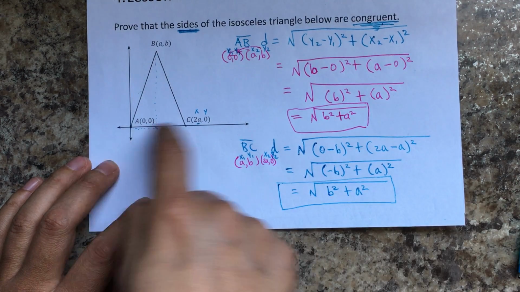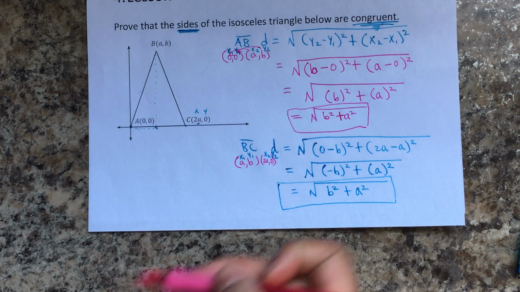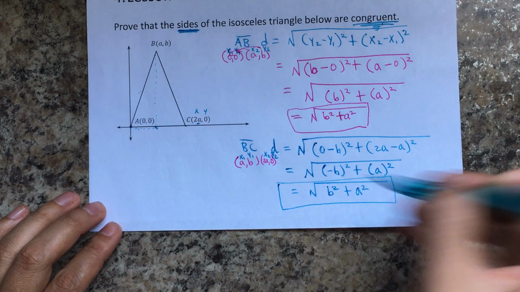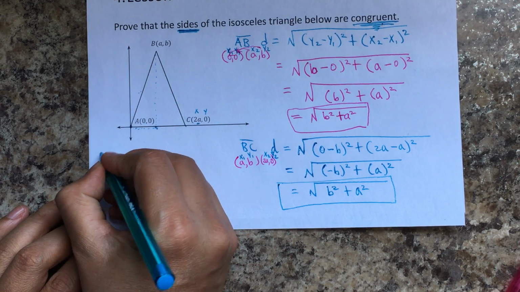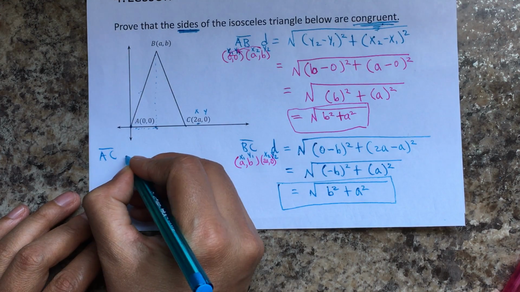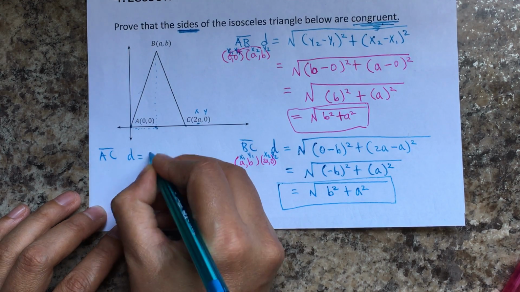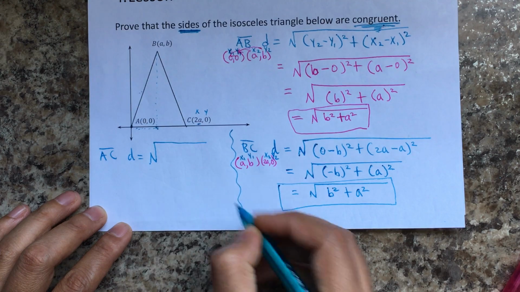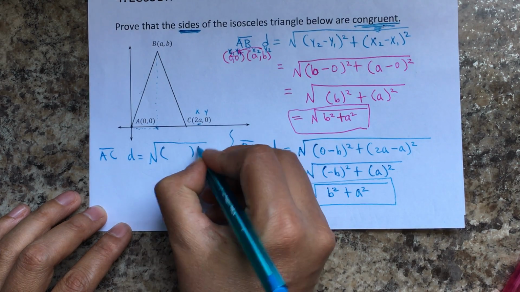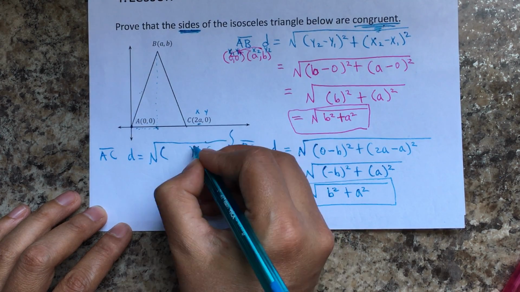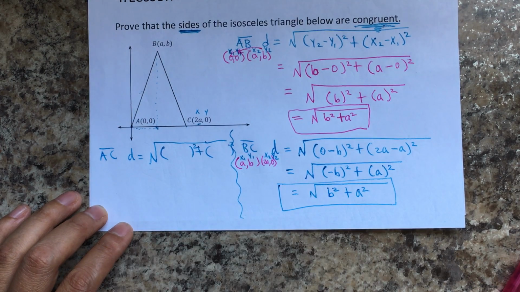Now let's look at the last side, side AC. The distance is again the square root of the sum of the squares of the differences.